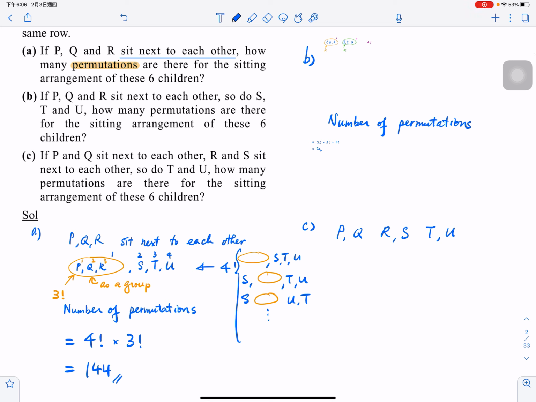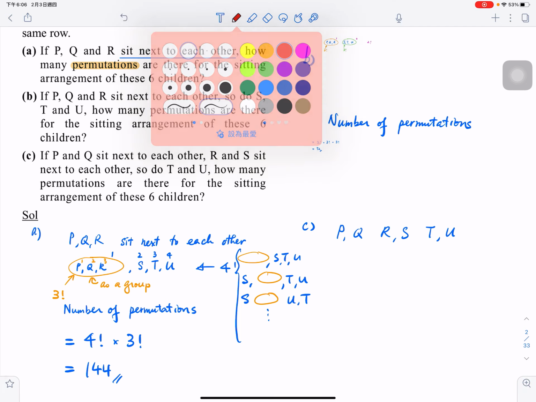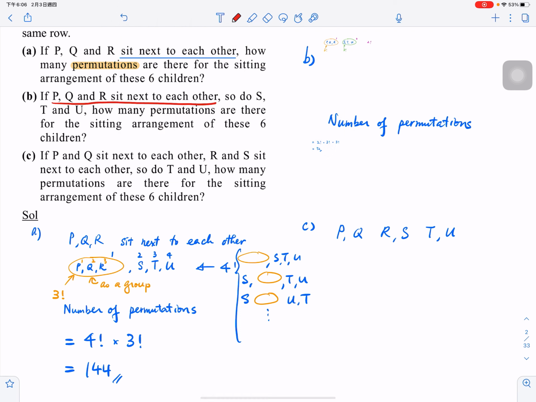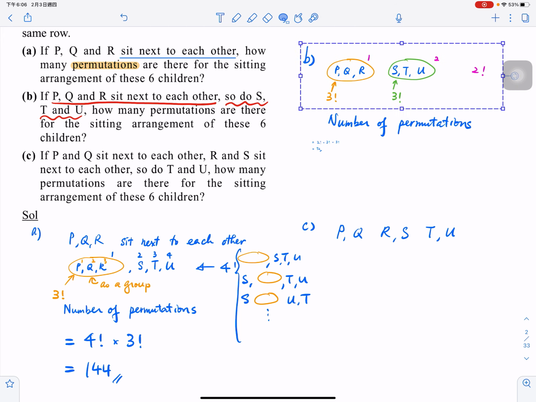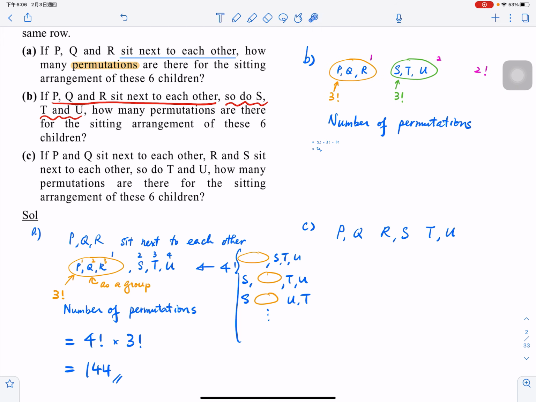Okay, how about question B? Now here, if P, Q, R this time sit next to each other, so do the other 3. So this time you not only have PQR, remember STU also as a group.